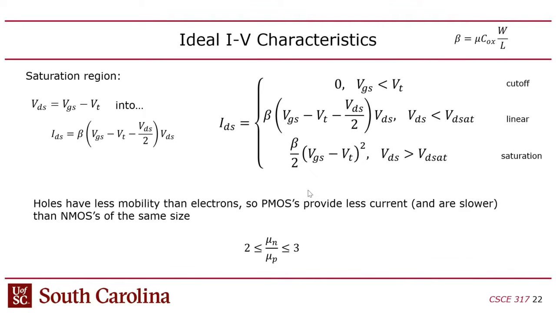So in order to keep the beta term the same, even in the same process, not even going from one process to the next, even within one chip, your PMOS transistors will have to be twice the width of the nMOS in order to achieve the same beta, because of the difference in the charge mobility. That's that mu term.